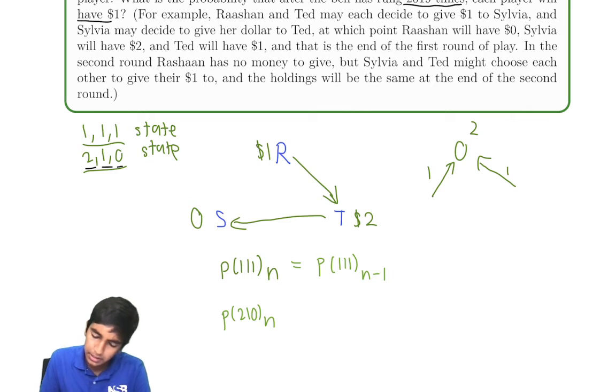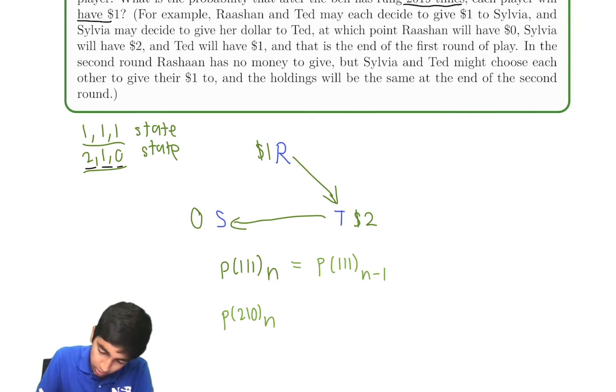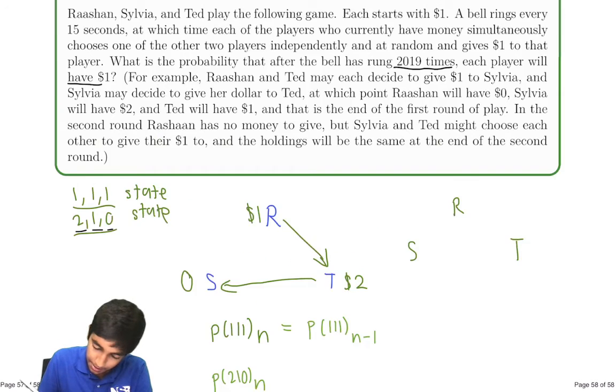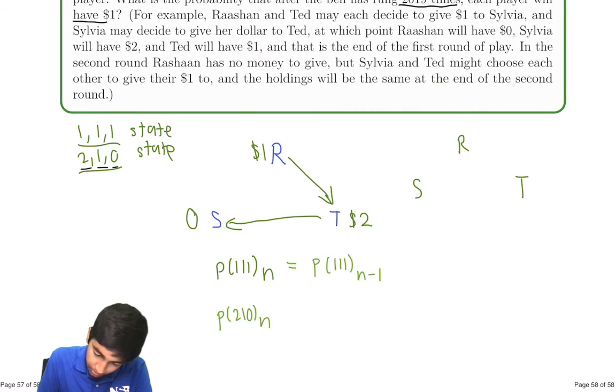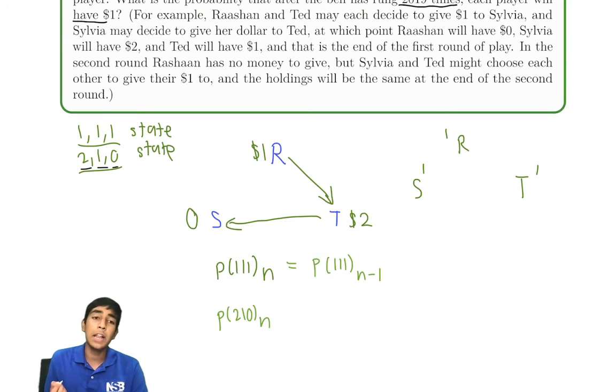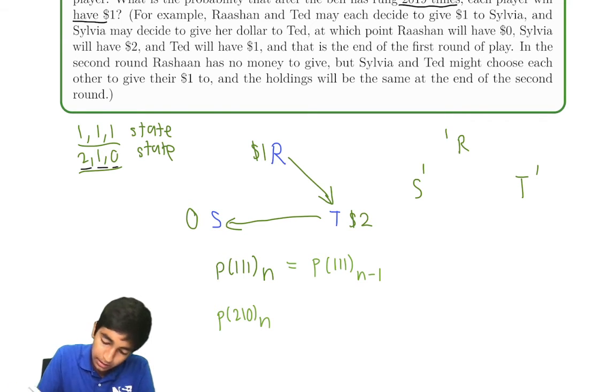What will be the probability? Well, let's see. Rashawn, Sylvia, and Ted. If they all have $1, let's say they're the same anyways because of symmetry, but let's say Rashawn gives $1 to Sylvia.